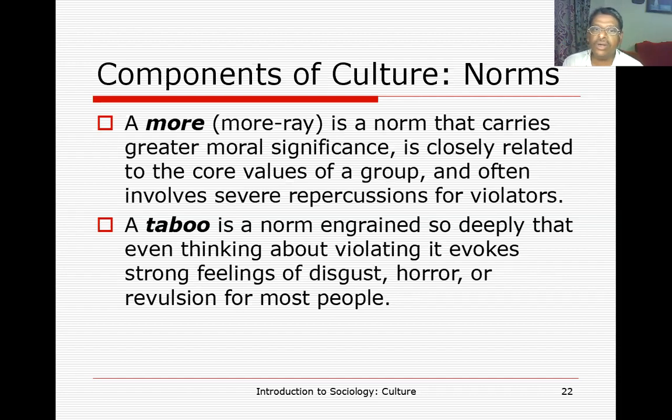A taboo is a norm ingrained so deeply that even thinking about violating it evokes strong feelings of disgust, horror, or revulsion for most people. In any culture, we see these taboos.